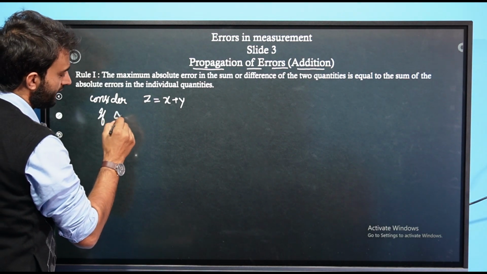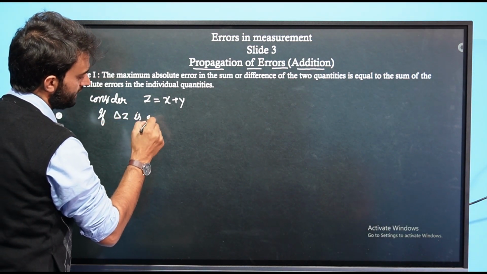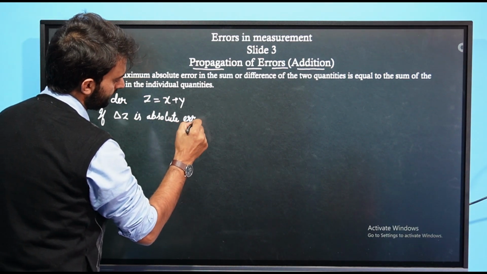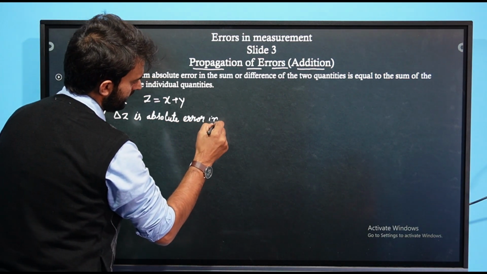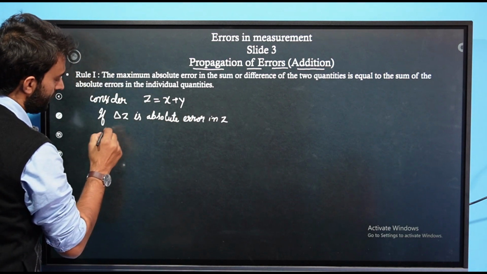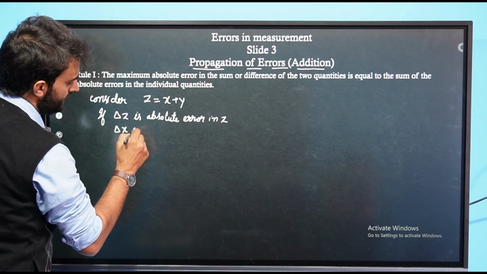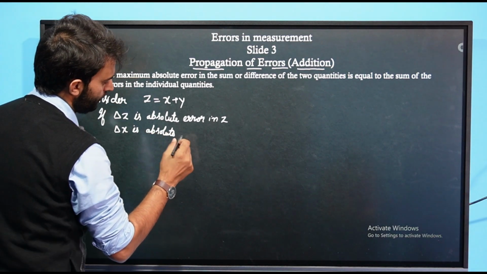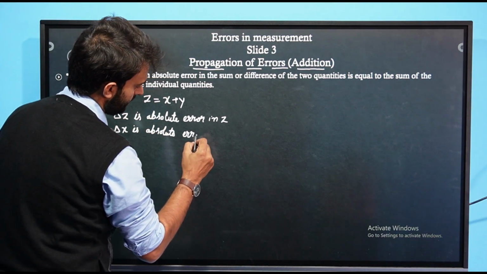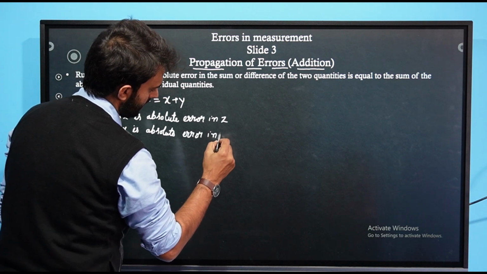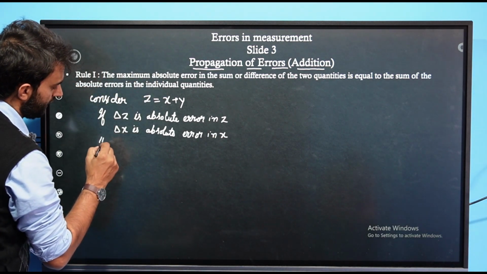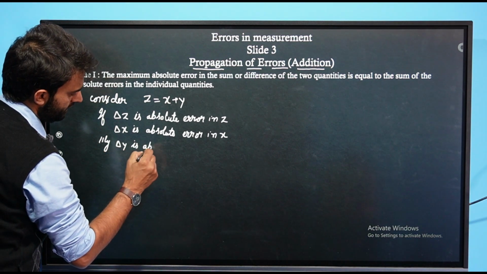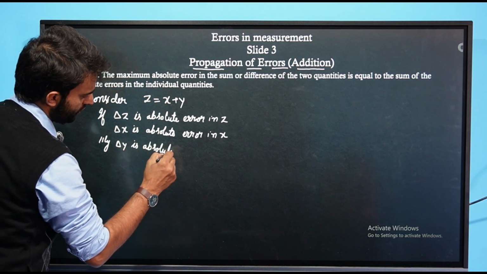If delta z is the absolute error in z, delta x is the absolute error in x, and similarly delta y is the absolute error in y.